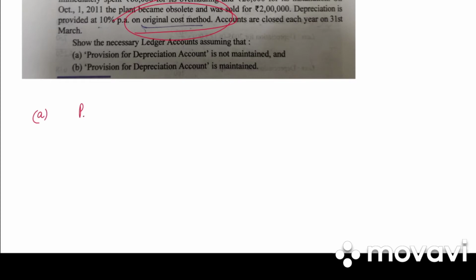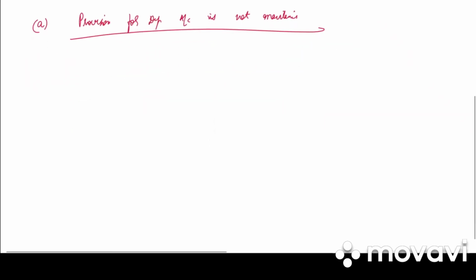So write the first one. Provision for depreciation account is not maintained. So in that we will be preparing our plant account.